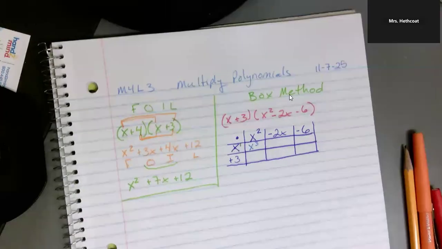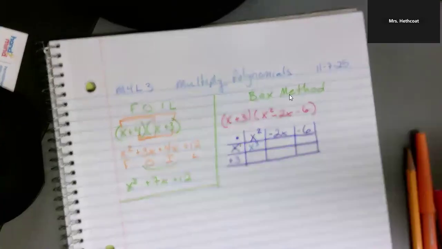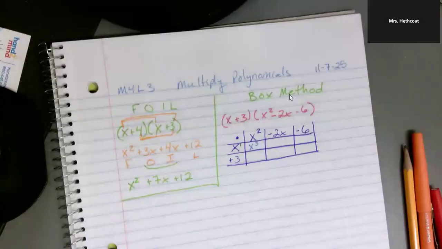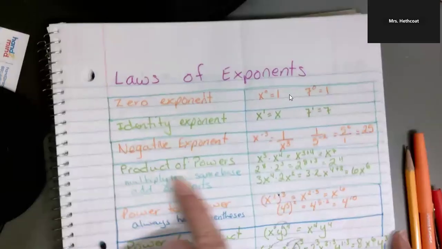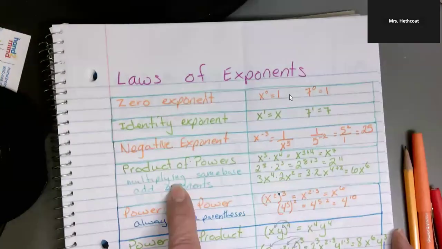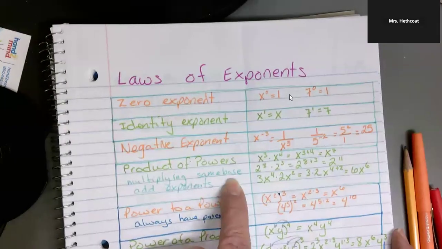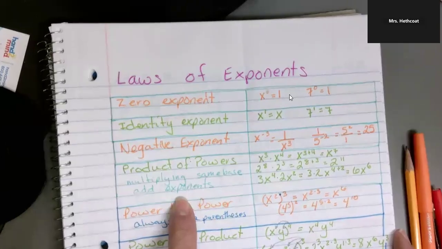And then if we were here the day that we made our laws of exponents poster, then we would be looking at this product of powers rule that's talking about when we have the same base. So multiplying with the same base, we're going to add the exponents. So multiplying same base, we add exponents.